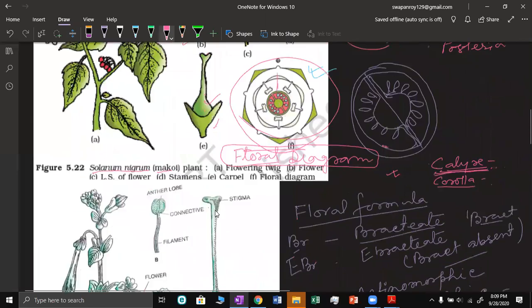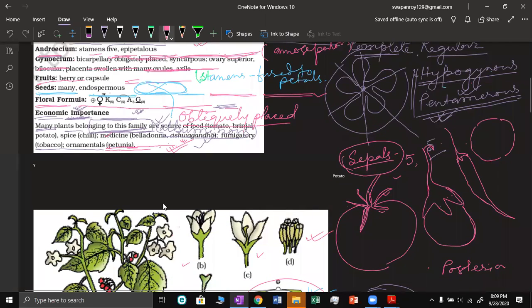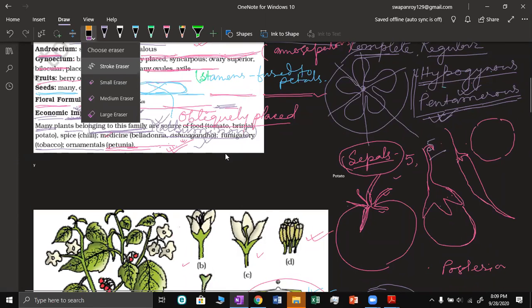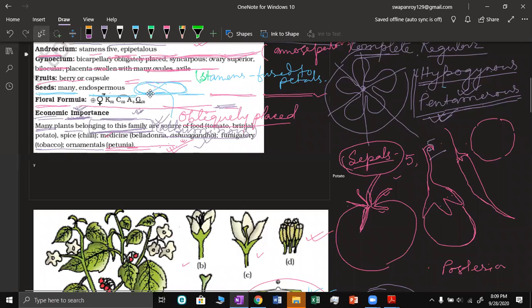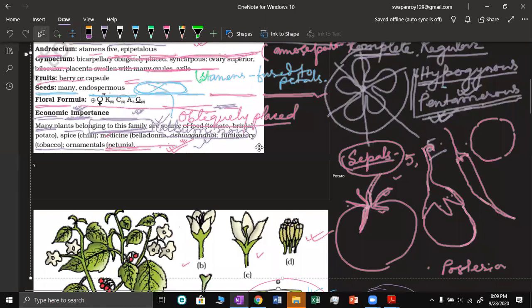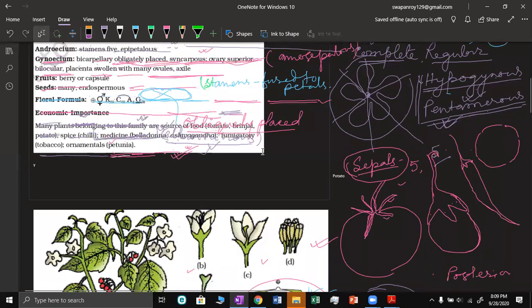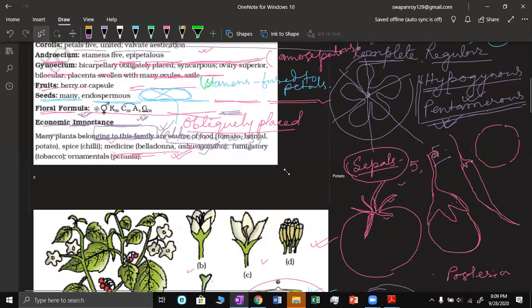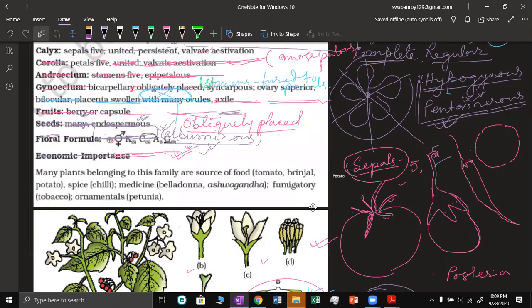And in this, there are important flowers we have to learn. Some important plants belong to this family.